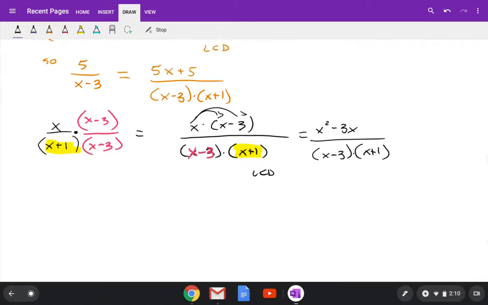Okay, so our second rational expression, which originally had the form x over x plus 1, is equivalent to x squared minus 3x over x minus 3 times x plus 1. Okay, so they are equivalent.